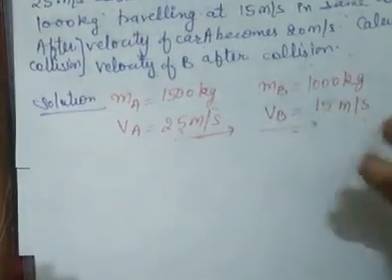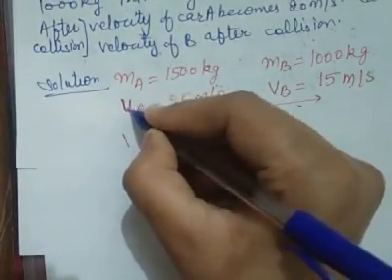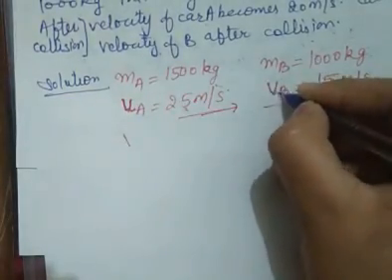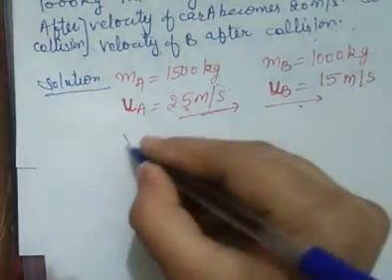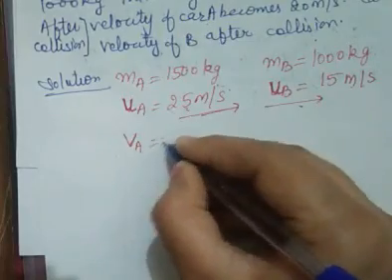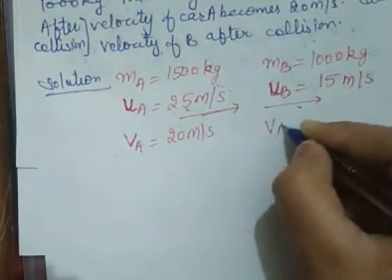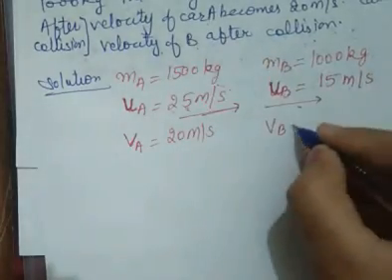After collision, velocity of car A, it means I must mention here u because it is the initial velocity before striking. After collision, velocity of car A becomes 20 meter per second. We have to find out velocity of car B.